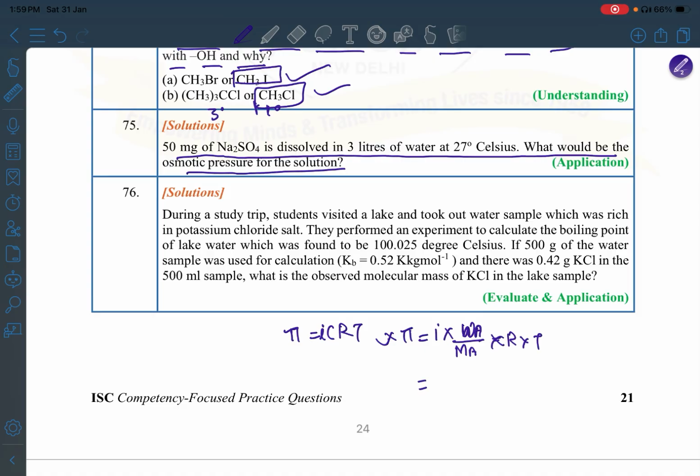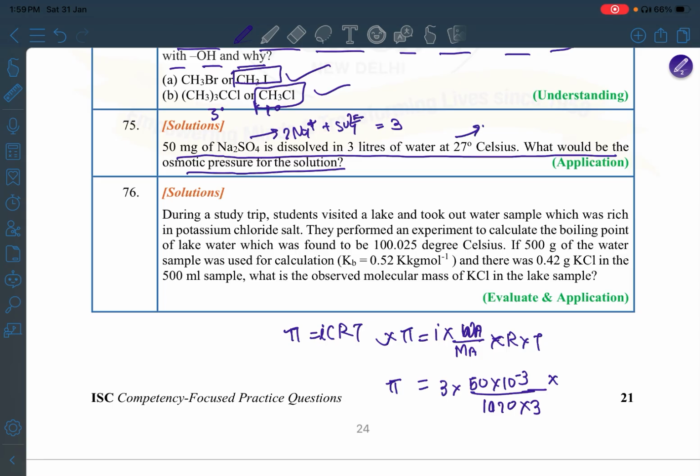Okay. So i is, Na2SO4 converts into 2 Na plus and SO4 2 minus, which is actually 3. So i will be 3 into given weight, which is 50 into 10 to the power minus 3 because it is in milligrams. The molecular weight of Na2SO4 is 120 and the volume is 3 liters.